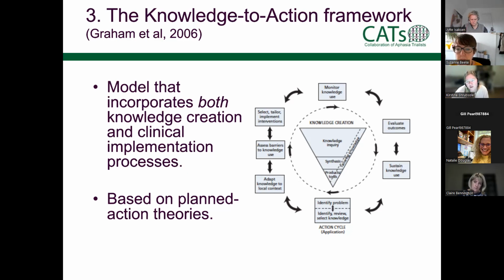So I'm going to talk about an example a bit later, where I did use this knowledge to action framework to sort of hang the implementation for a CPT study that I did. And I just really, as I said, I just find it very helpful as a researcher to sort of follow these steps, if you like, but know that you can always review and change it.